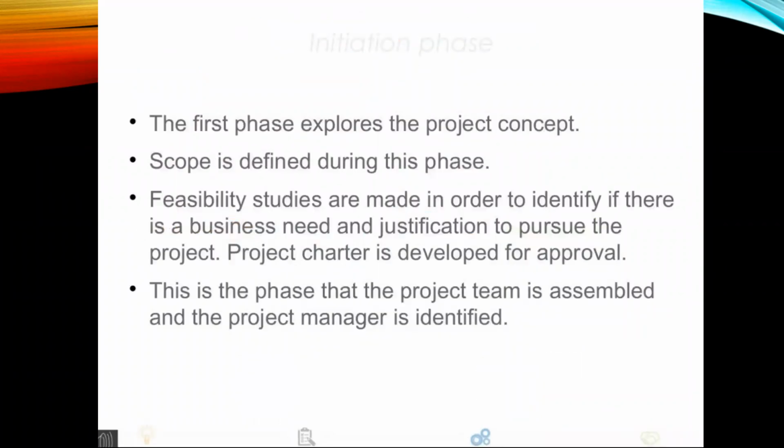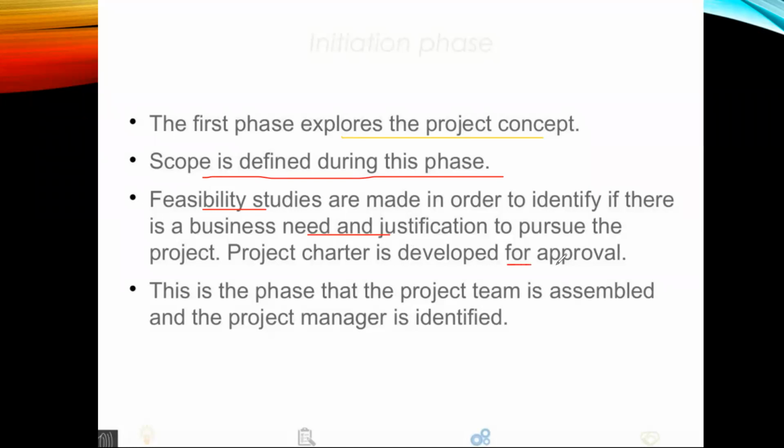In more detail, the initiation phase is the first phase, as mentioned, to explore the project concept. The scope is defined during this phase. The feasibility studies, so we already mentioned all of these, just going over them quickly, are made in order to identify if there's a business need and justification to pursue the project.